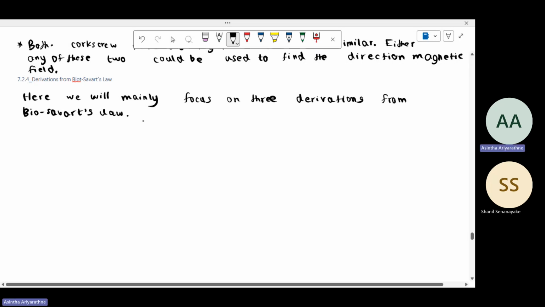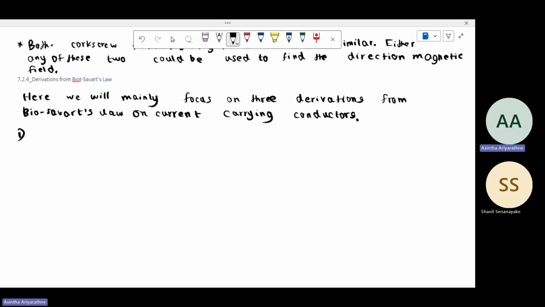Biot-Savart's law on current carrying conductors. First one is if the current carrying conductor is an infinitely long straight one.